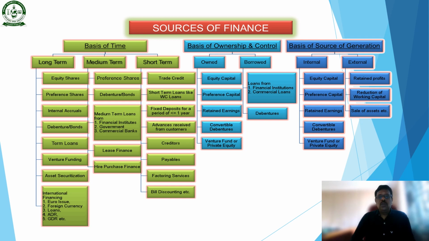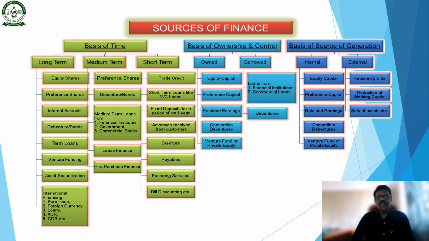Here you are seeing many sources of finance on the basis of time, basis of ownership and control, and basis of sources of generation. So, three bases. Now we are going to see the first one, basis of time: long term, medium term, short term.